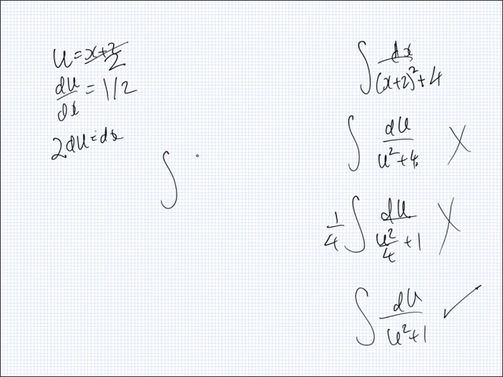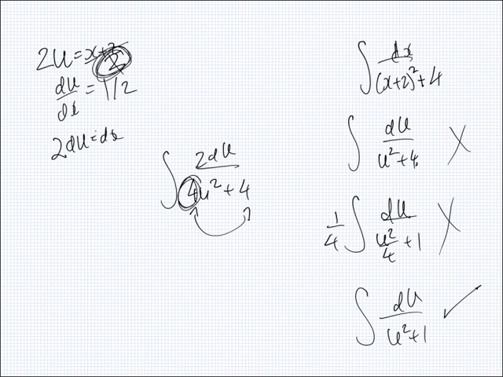So that'll be integrate 2 du over, and x plus 2 is 2u. The 2 makes that become a 4u squared when you sub in. And now, because these are the same, it can come out. The reason for the 2 there is to make a 4 here. And the reason for the 4 here is so it can be the same as this. And that's why I need to divide by 2.